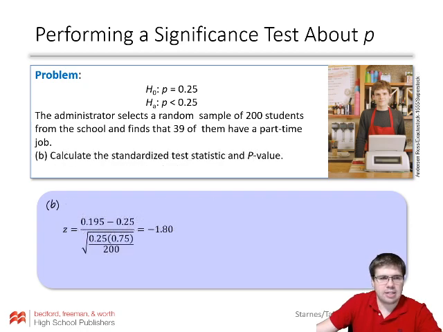So calculate the standardized statistic and the p-value. We take our sample proportion minus p naught, and so we figure out that we're below it. But how many standard deviations are we below it? And so we're using the standard deviation. We plug in that 0.25 and the 0.75 over 200 under the square root, and that's going to give us a z-score. Apparently, we're 1.8 standard deviations below the mean.